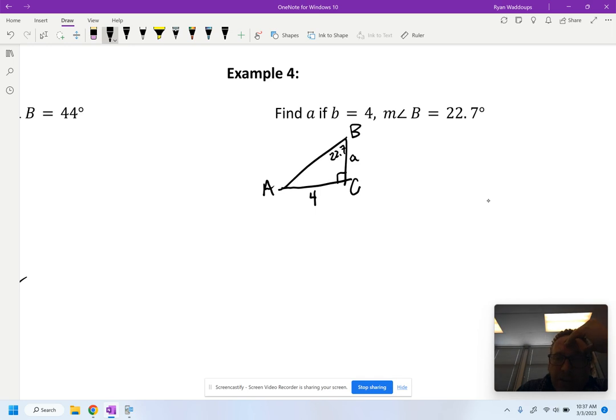Here's my angle, 22.7, which means that this is the adjacent side. It's easy to get confused with all of these A's here, so you might actually just want to write ADJ just in that instance. So this is the adjacent side. And then 4 is the opposite side.